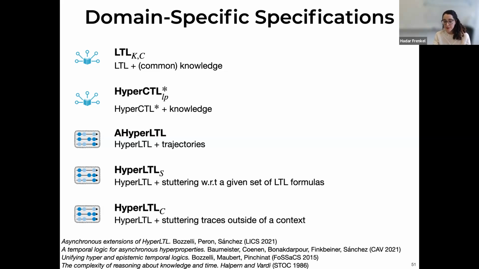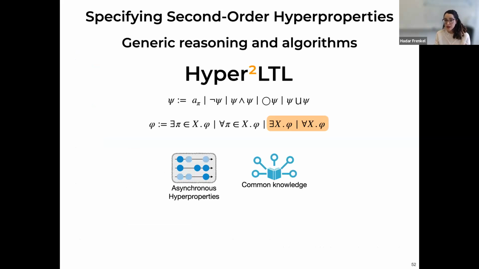And what HyperQPTL allows us to do is to provide a generic way to reason about a very, very large set of properties. So now I'm not limited to only one notion of asynchronicity or to only common knowledge, but I can express a very wide range of properties. And moreover, it allows me to understand connections between these properties that I could not understand before.